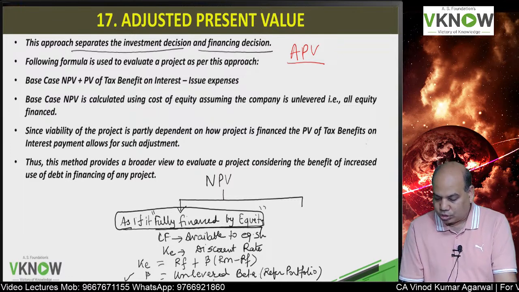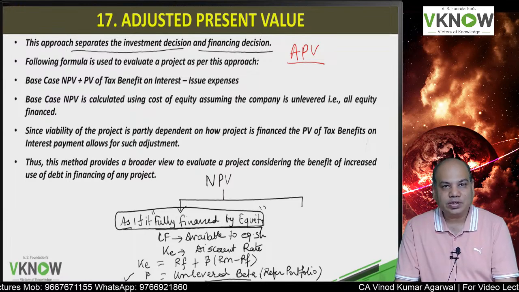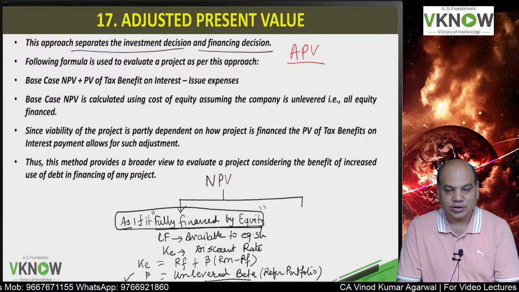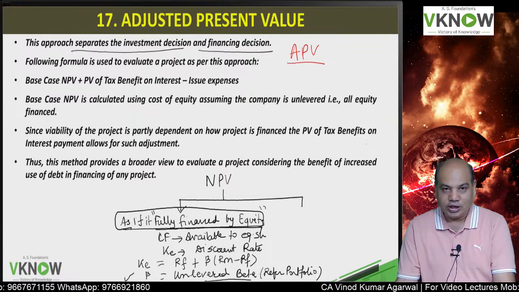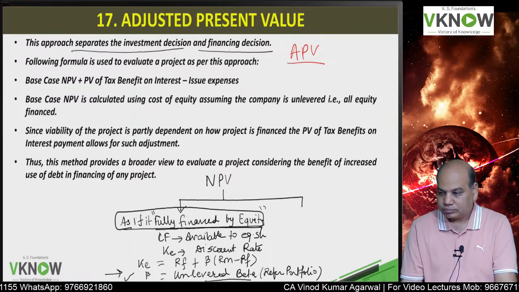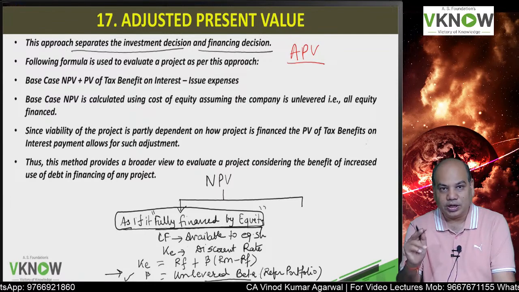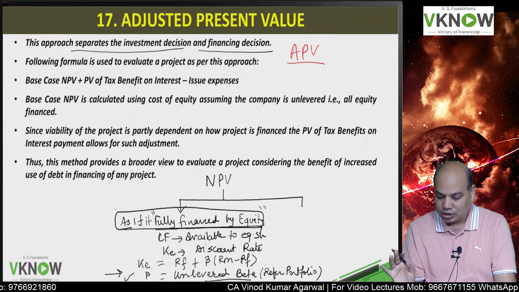More detailed discussion was done in our chapter portfolio management, so right now we will not enter into that area, and it is not required also. So this is how you will first compute NPV, assuming it is fully funded by equity.